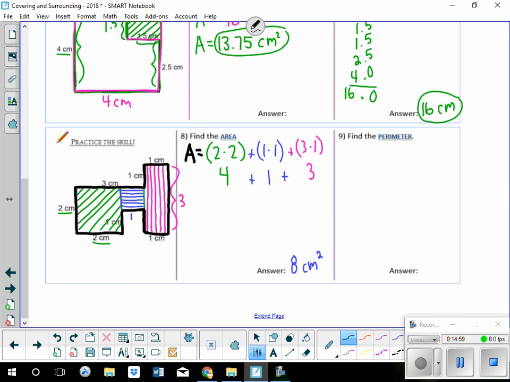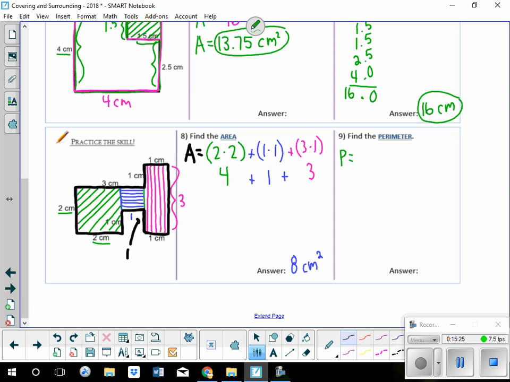I noticed I'm missing one of the dimensions from my sides, which is right in here. It's the same length as the one across from it, so that's also going to be 1. So I'm going to make sure that when I add together my perimeter, I have 10 pieces of information that I'm adding. I'm going to start at this 2 right here and go around clockwise.